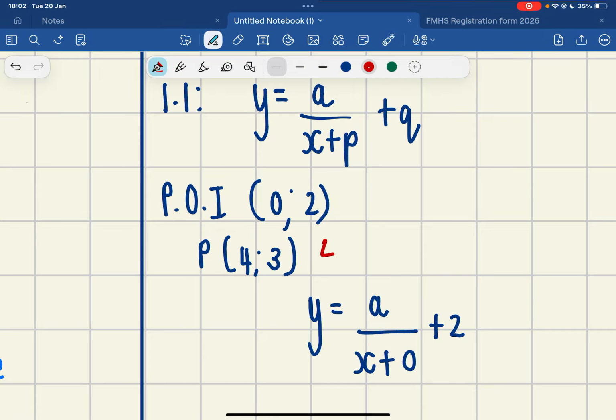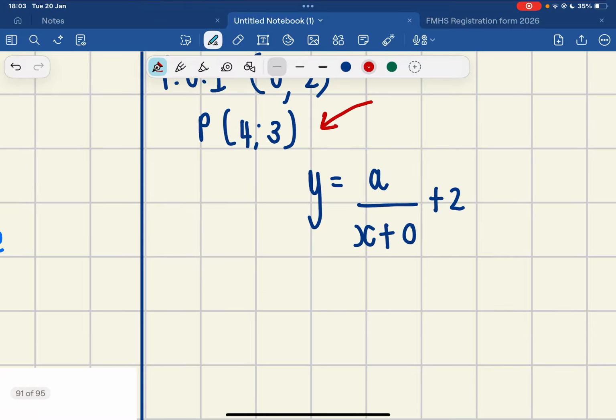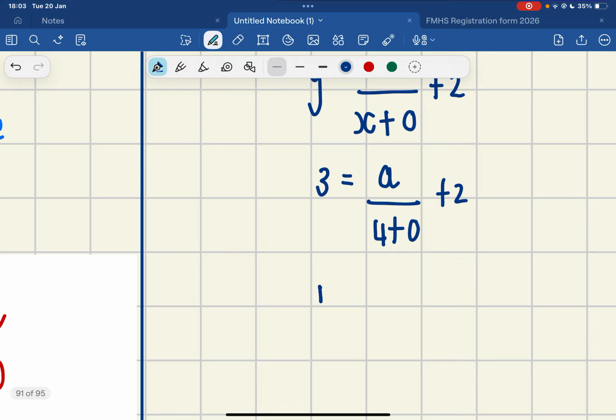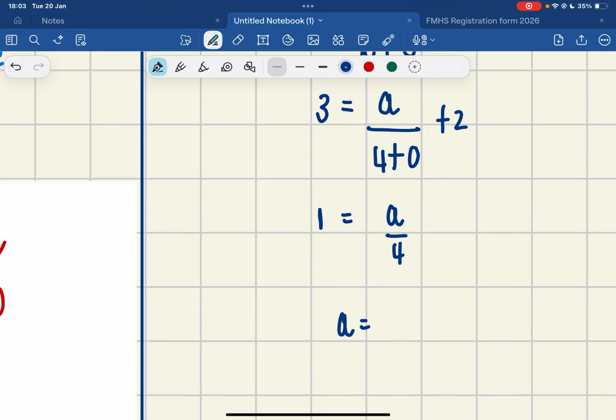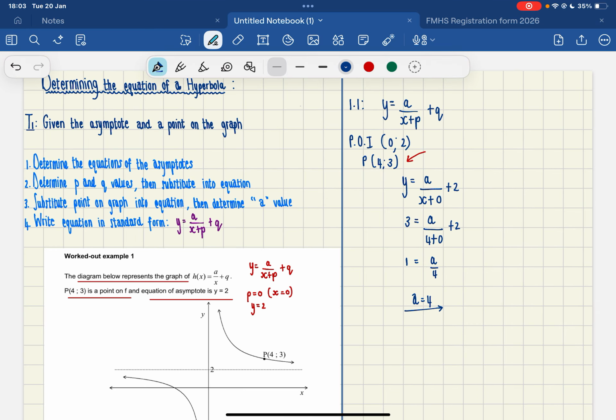Then we take this point, yes, because point P is the one that lies on the graph. You take point P and put it into your formula. The y value is 3, equals a over 4, plus 0, plus 2. We have 1 is equal to a over 4, and the value of a is equal to 4, essentially.